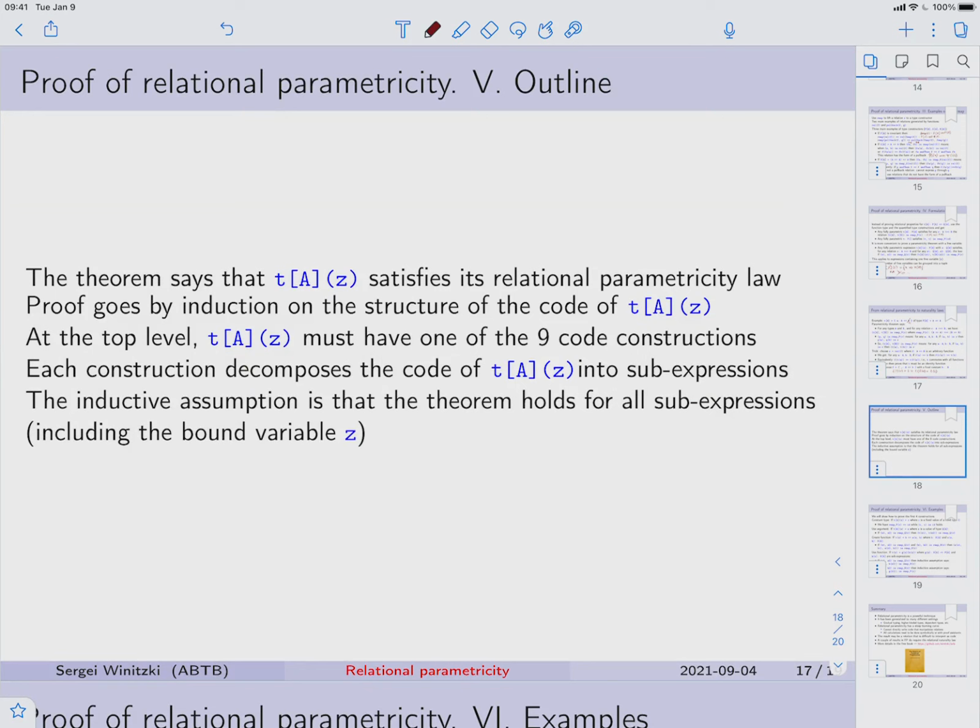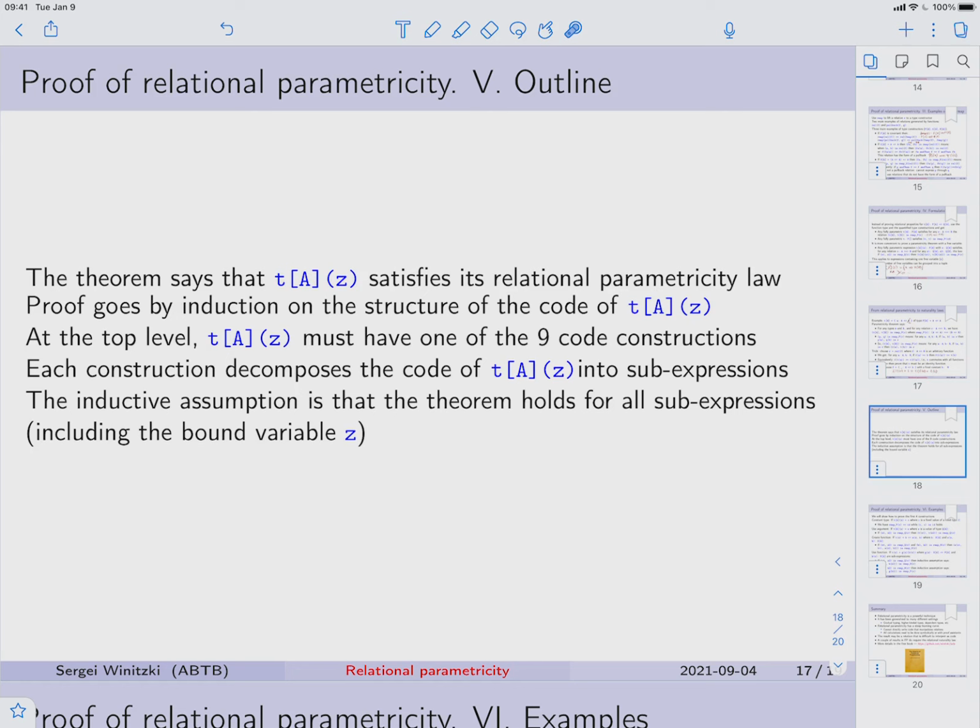How do we prove this theorem? Now, the theorem says that this expression of this type, of this shape, must satisfy the relational parametricity law. We need to take a look at the structure of this code. Now the code must be given to us, right?